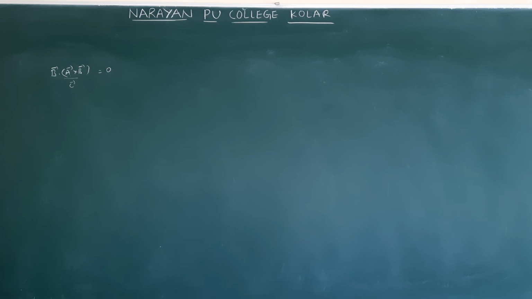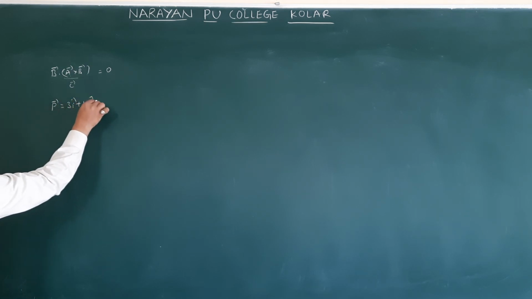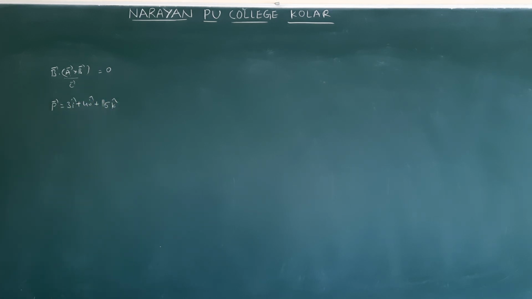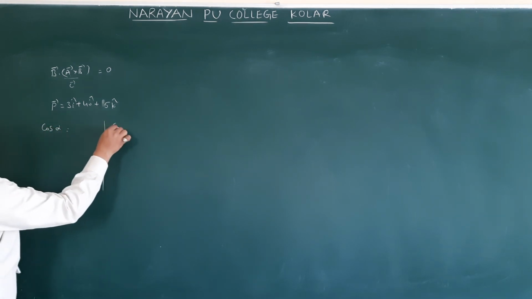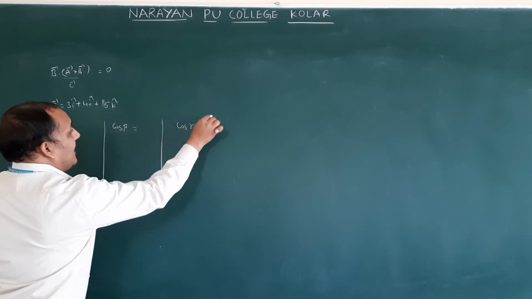Next, question number 20. The directional cosines of vector P bar. P bar is equal to 3i cap plus 4j cap plus 5k cap. Then what are the directional cosines? Directional cosines means cos alpha, cos beta, cos gamma.